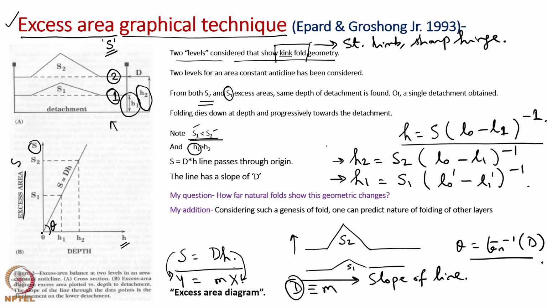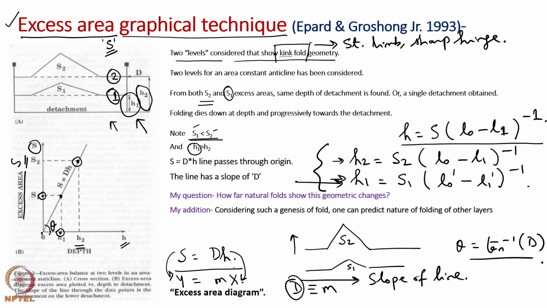Now, as I explained here, from such a given diagram I will be able to find out an H2 value and an S2 value. From them I can plot a point here, and similarly using this equation I can find an H1 value and a corresponding S1 value, which I can plot here.